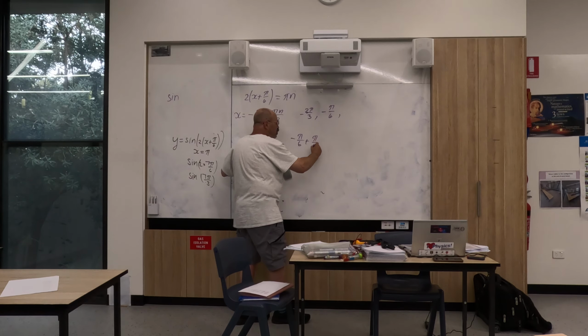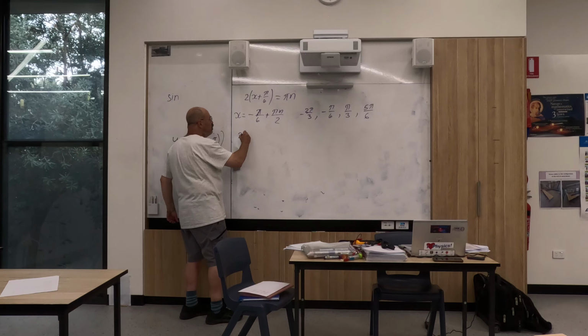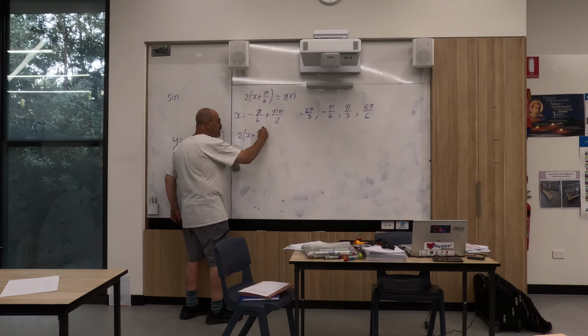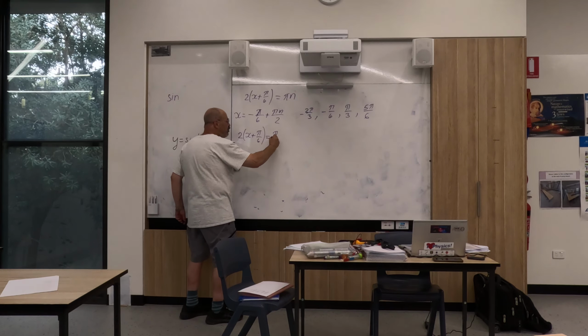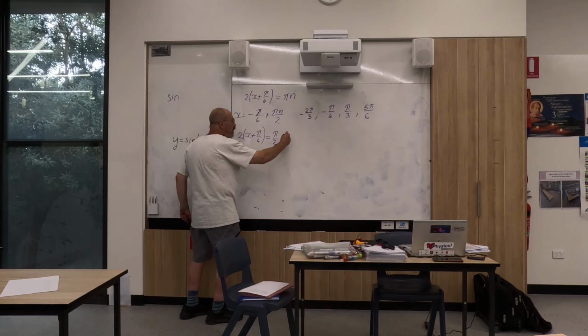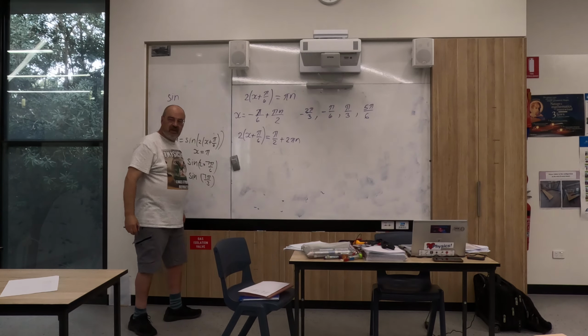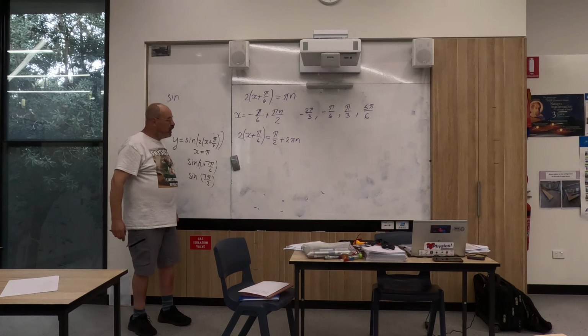Sine has a maximum when it is pi on 2 plus 2 pi n. So we have 2 times (x plus pi on 6) equal to pi on 2 plus 2 pi n. That is when sine equals 1.